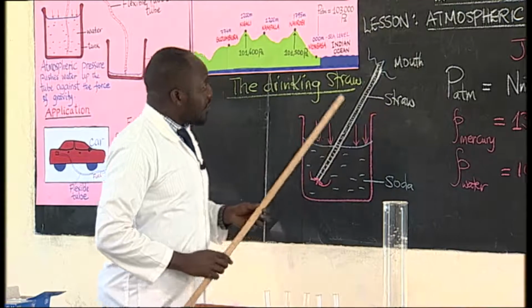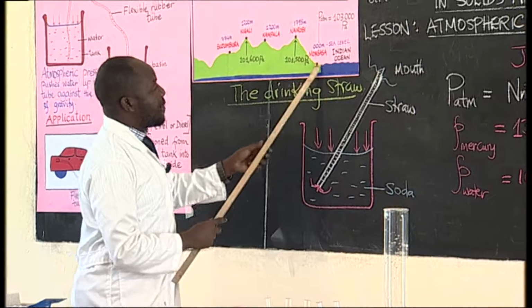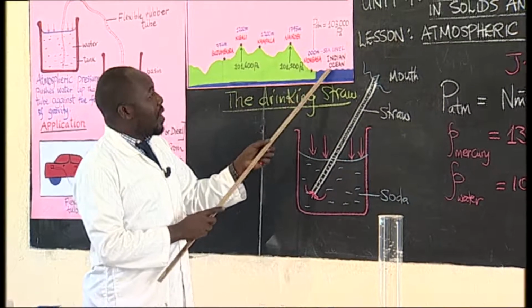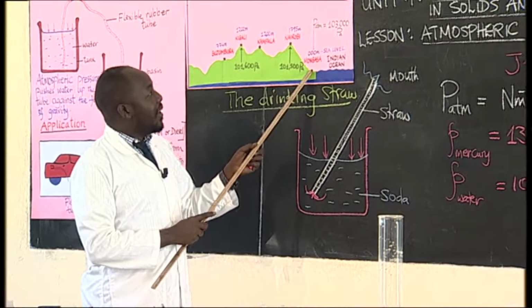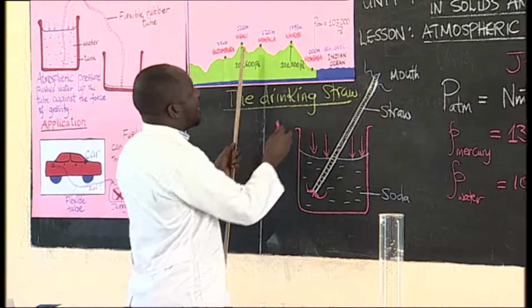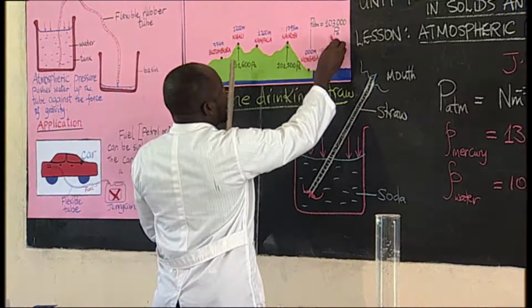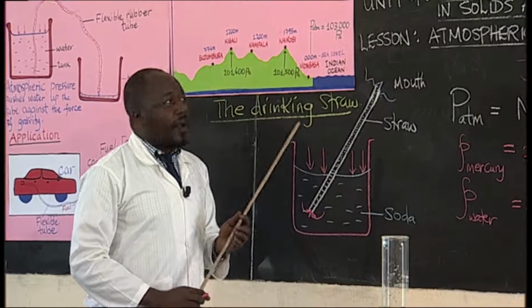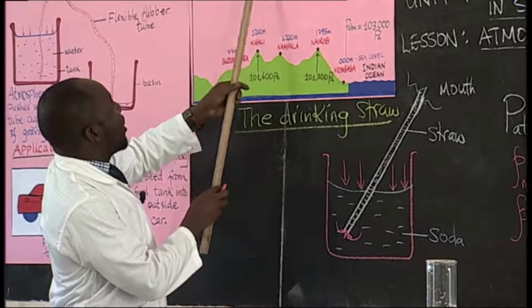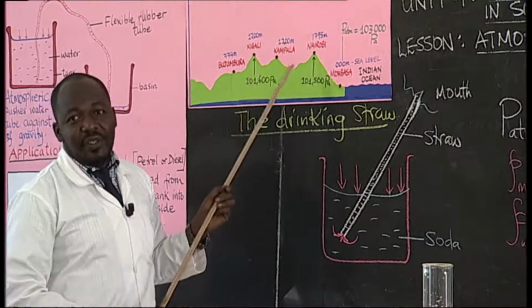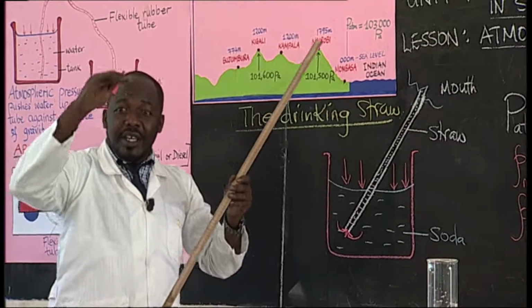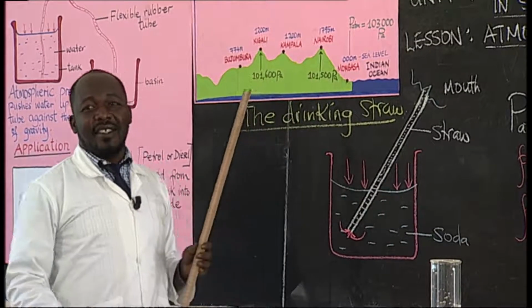And so if we do the experiment, again you focus on this wonderful diagram. If we do our experiment at the sea level, it means the standard atmospheric pressure is going to be 760 millimeters of mercury. But atmospheric pressure depends on altitude. As you go higher, the atmospheric pressure reduces.